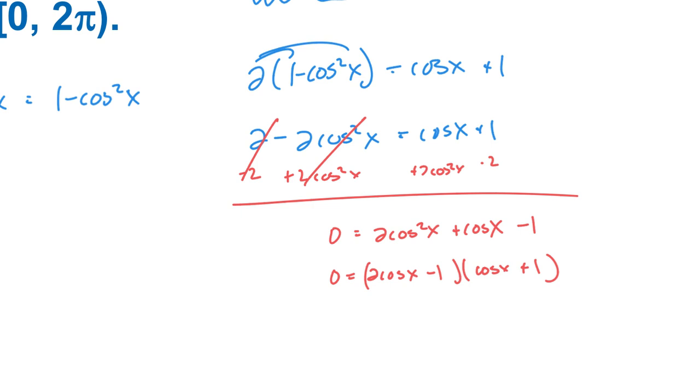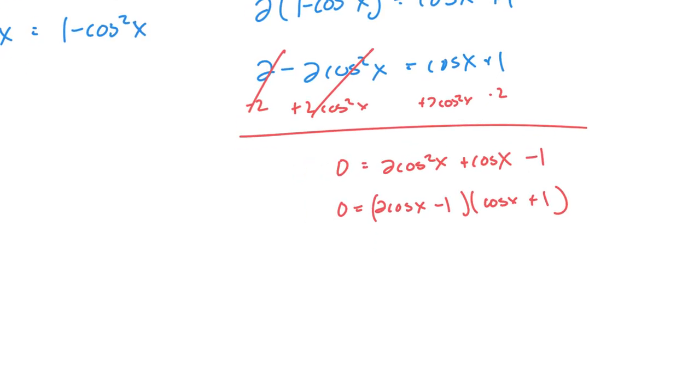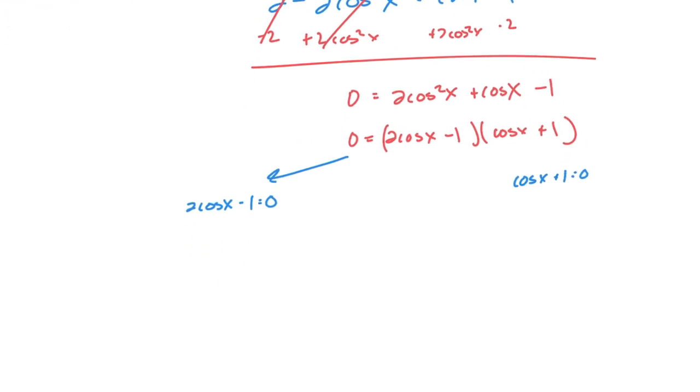So now we could apply zero product property, and we could say that 2 cosine of x minus 1 equals 0, and cosine of x plus 1 equals 0. If I solve this one on the left side here, we add 1 to both sides. 2 cosine of x equals 1. Divide everything by 2, and we get that the cosine of x equals 1/2.